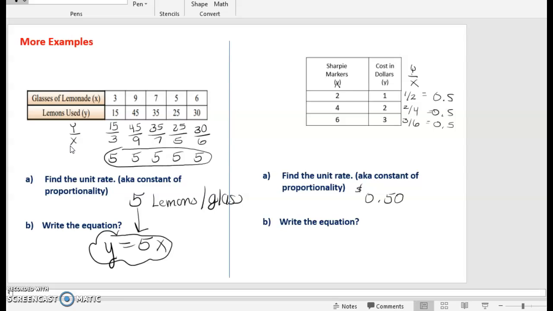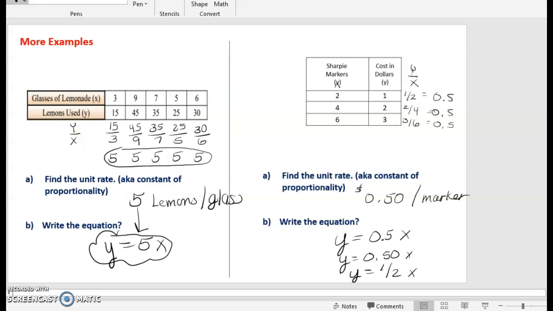So it's actually 50 cents per marker. So y equals blank x. Think about what number I put in here. That's right. I put 0.5. If you wanted to put 0.50, you could do that. You could even, if you wanted to simplify all of these to 1/2, put y equals 1/2 x.